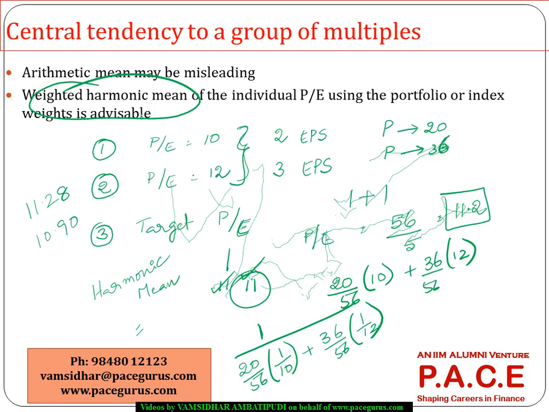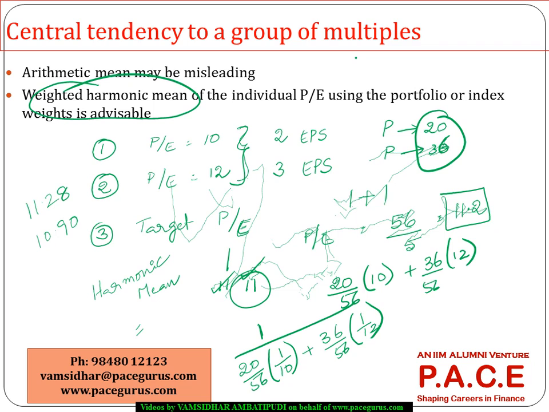In reality, it is nothing but finding the total price. When I want the overall P/E ratio, especially for setting the benchmark, if I have different firms with different P/Es, don't take a simple arithmetic average of those P/Es.